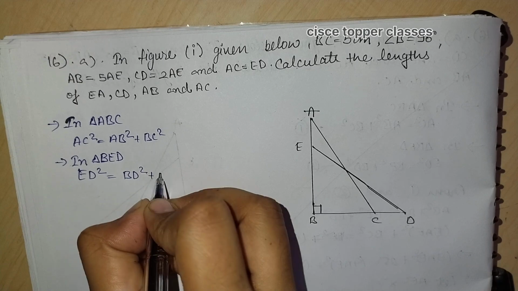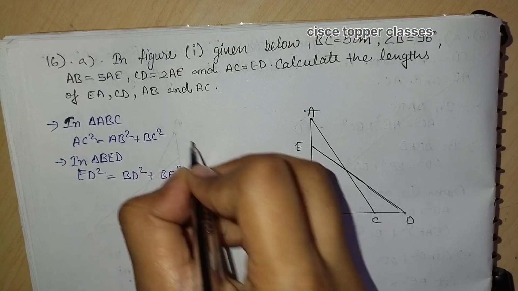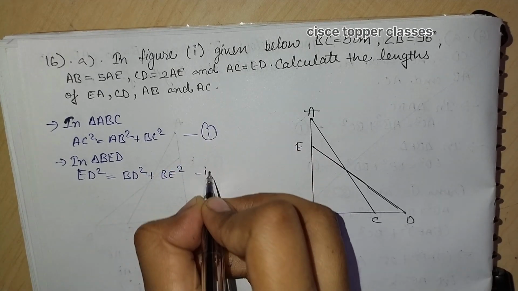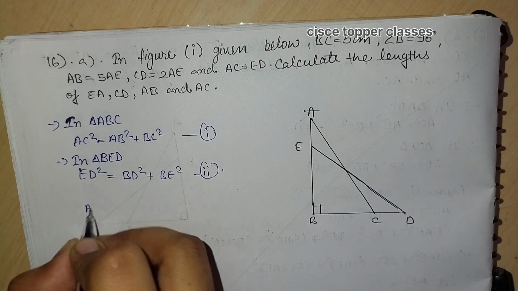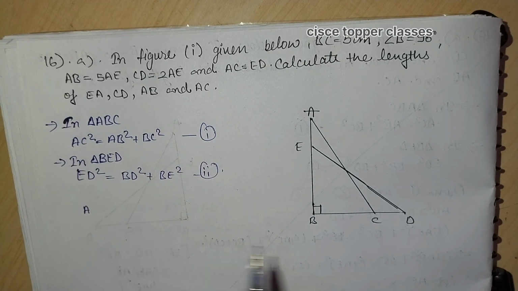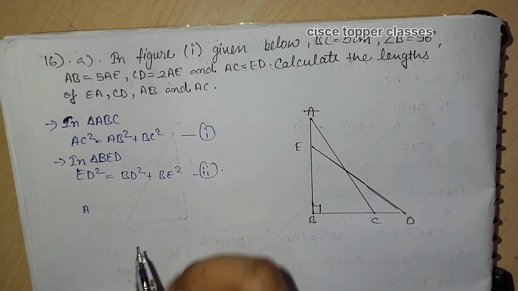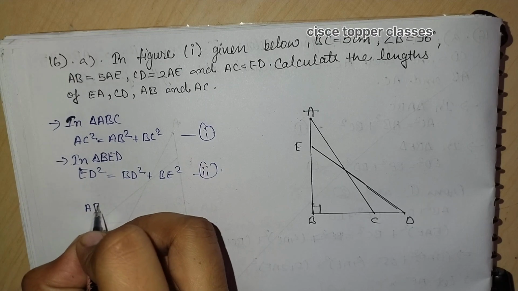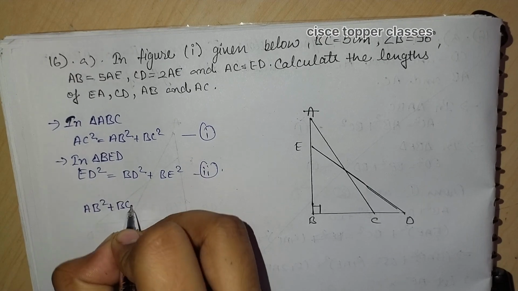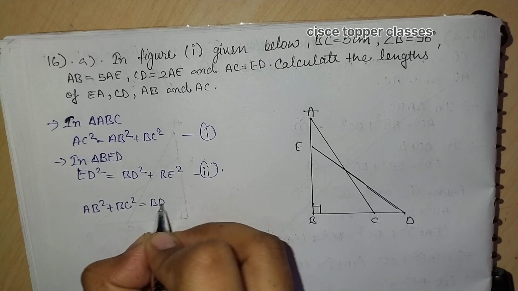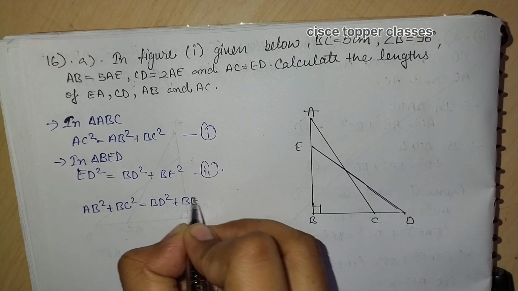From this first and second, by comparing, because given ED is equal to AC, we can write AB square plus BC square is equal to BD square plus BE square.